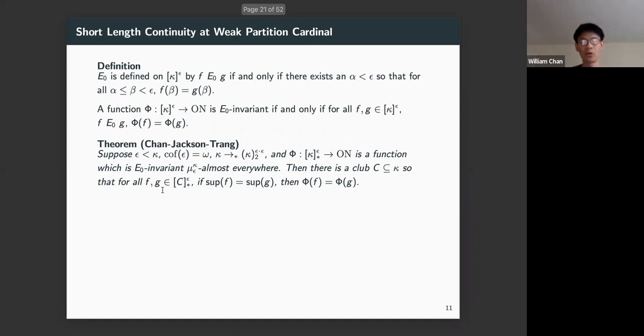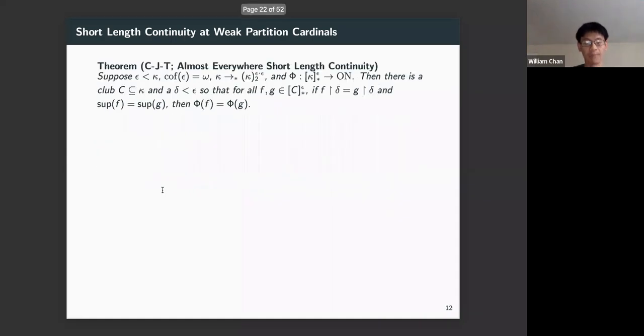By using that the cofinality is omega, you can do a few partition arguments to find initial segments of the function where the function restricted to that initial segment is E0 invariant. We're able to get a result for more general functions. Again, the cofinality of epsilon is omega.